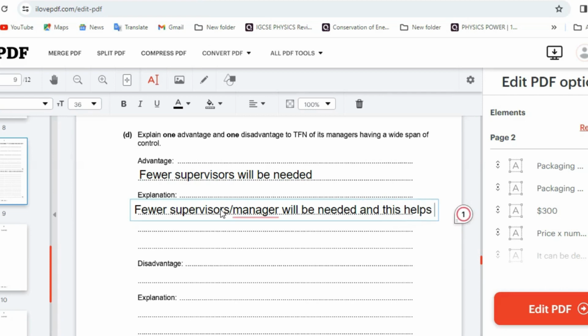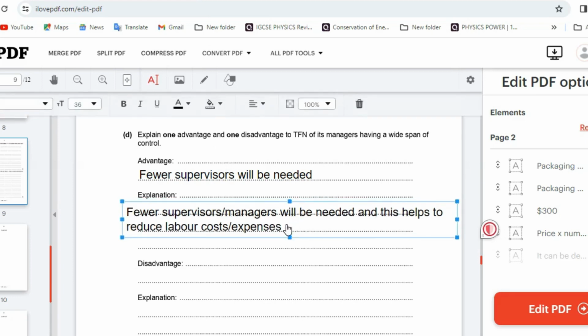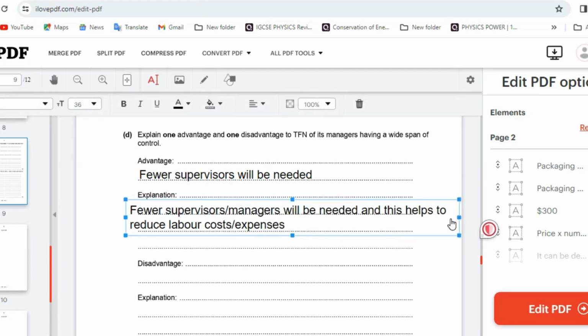Now let's try and put the explanation in the provided space. Let's try and develop our point. Fewer supervisors or managers, as I said earlier, will be needed, and this will help to reduce labour cost or expenses, and this can actually increase their profit of $46 million. What other advantage do you know?